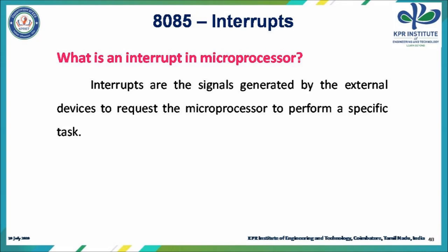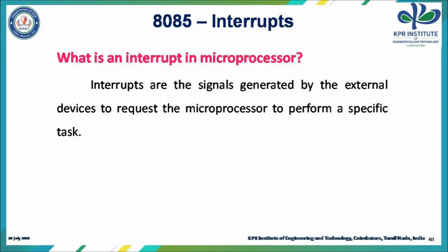The interrupt signals will be sent by the external device whenever they are in need of the service of the microprocessor. So, when the microprocessor receives the interrupt signal, it will send one interrupt acknowledge to the corresponding device, and it will check the priority of the interrupt.